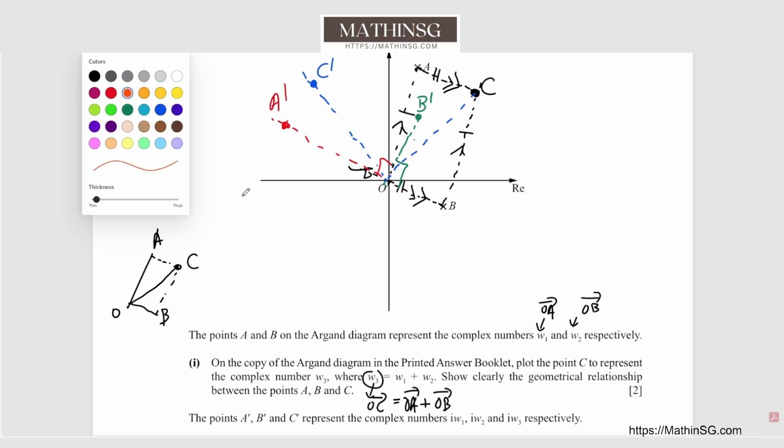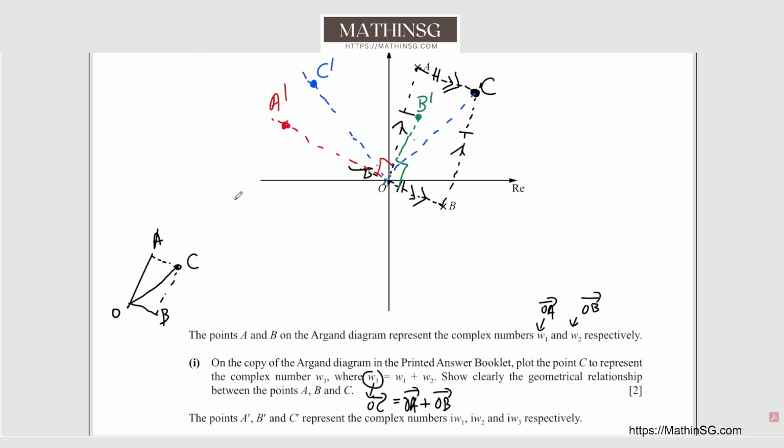Let me use orange. So again another 90 degrees, and this is my A prime prime. So from A prime to A prime prime, it is an anti-clockwise rotation about the origin by 90 degrees. So from A to A prime prime, it is a 180 degree rotation about the origin.